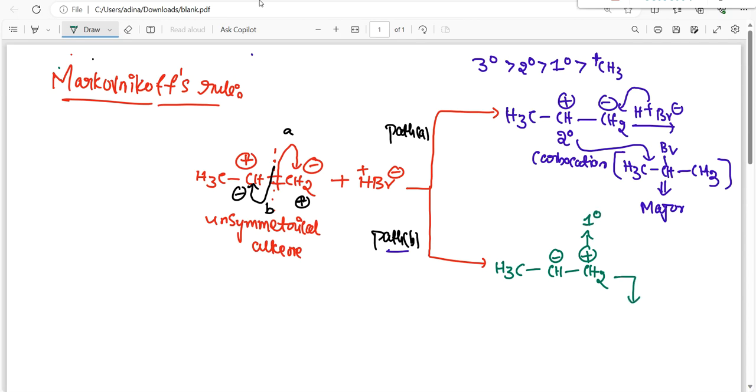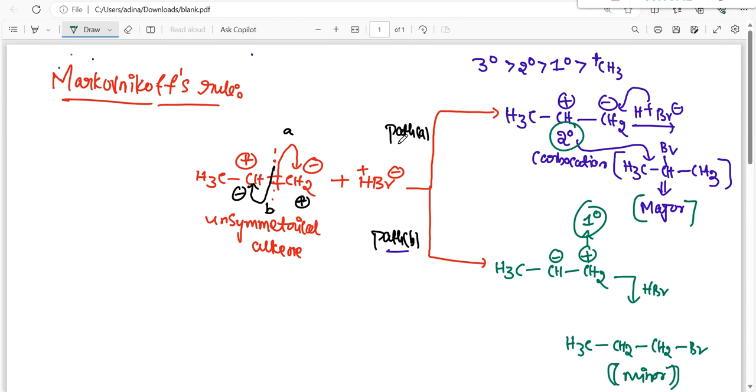This will react with HBr and produce CH3-CH2-CH2-Br. This is the minor product. Why? Because the product is formed from a primary carbocation, which is less stable than the secondary carbocation. That's why the first one is the major product and the second one is the minor product. I hope Markovnikov's rule is clear to you.